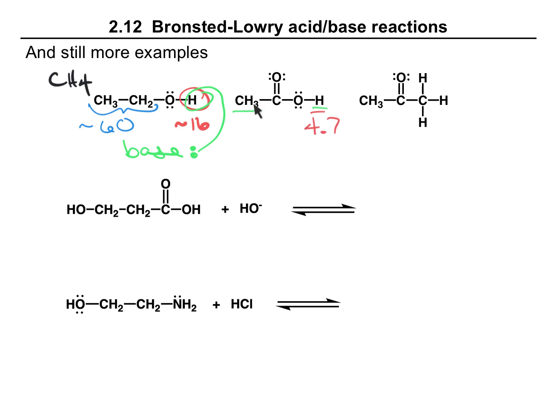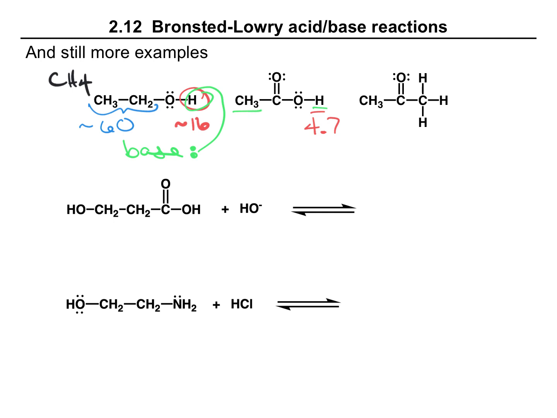And this is not going to be given in a table, but notice that here we have a CH3 group next to a carbonyl, just like this CH3 group next to a carbonyl. I mentioned a few slides ago that if this proton was pulled off, then we have our conjugate base with a lone pair here, but that conjugate base is stabilized by resonance into the carbonyl. The same thing would be possible here.